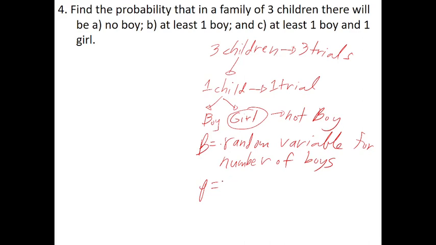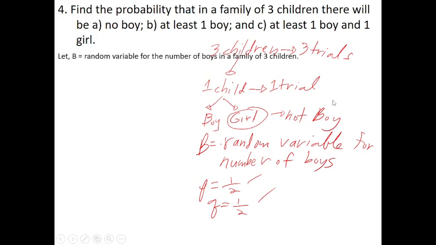Ano yung for every child, ano yung probability na boy? 1/2. For every child, ano yung probability na hindi siya boy? 1/2. So that's it. Meron ka ng P, meron ka ng Q. So B is the random variable for the number of boys in a family of 3 children. So this is now the solution.